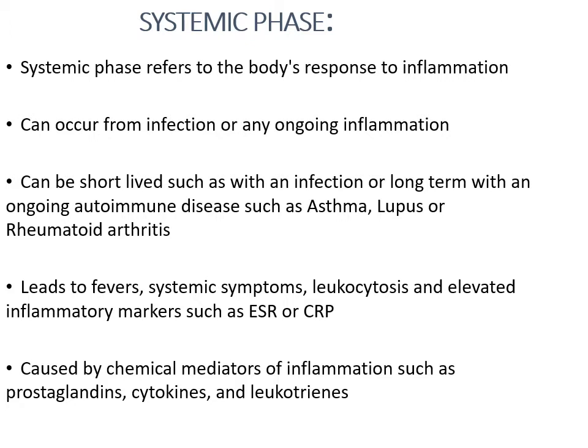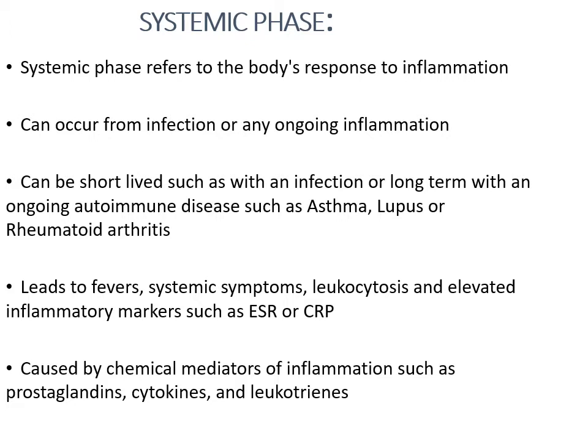They're made in the liver, and the liver is producing these proteins that we use as inflammatory markers in a blood test. So if we want to know whether there's a lot of inflammation taking place in someone's body, we can order an ESR or a CRP.